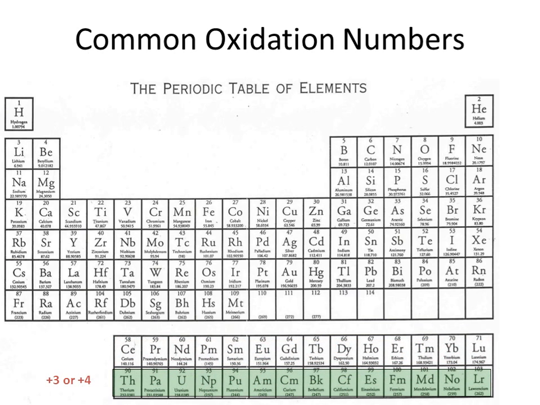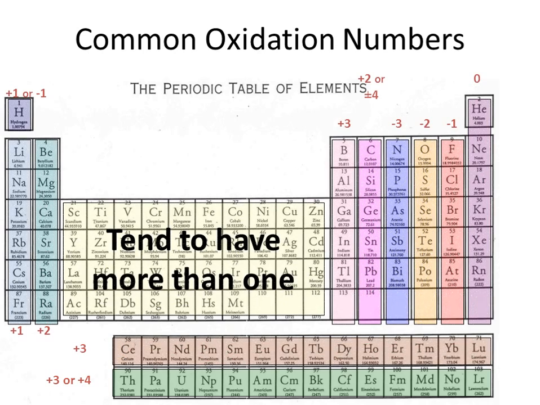Your actinide series, down below that, typically shows a +3 or sometimes a +4 oxidation state as well. But most of these elements are extremely similar in terms of their chemical reactivity, and so that's why there's only 1 or maybe 2 oxidation states for all of these elements as a group.